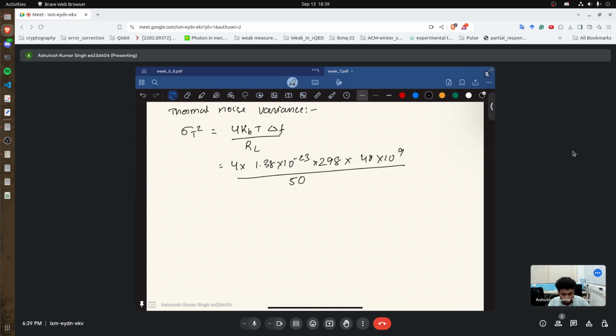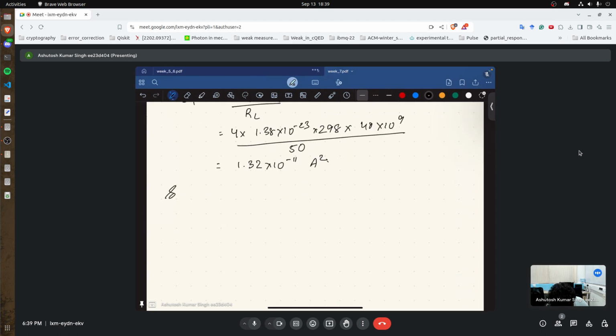Let me do it on my hand calculator. In all these calculators, these values are already pre-stored. Like the Boltzmann constant is, if I remember correctly, stored at 25. Yes, it is stored at 25. So 4 kB 298 into 40 gigahertz divided by 50 gives me a number, 1.32 into 10 raised to the minus 11 squared.